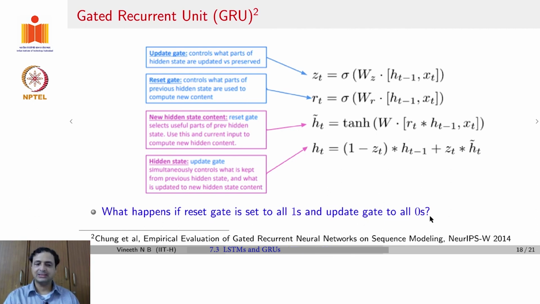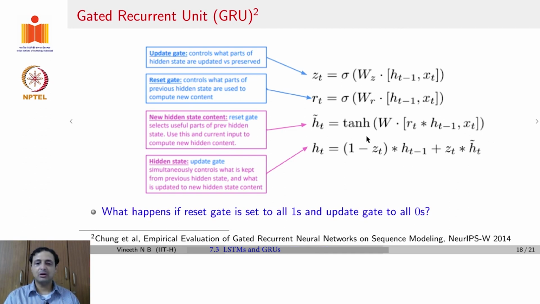Let's try to analyze this. If the reset gate is set to all ones, this would just remain h_{t-1}. There would be no impact there. If the update gate is all zeros, the second term here would disappear because all those terms would become zeros.